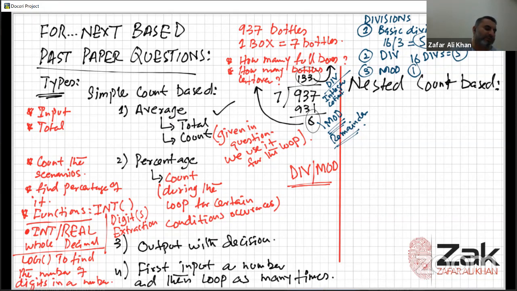The second type of questions were where they require us to count inside a count. Count inside a count means that you have a bigger count, and then you are counting the number of certain conditions met inside the count. For example, if there are 10 students, how many students have A grades, how many have B grades, and how many have C grades.